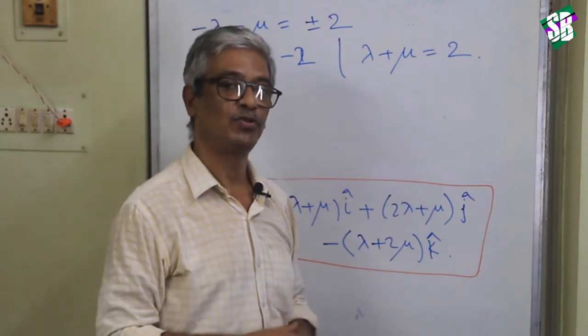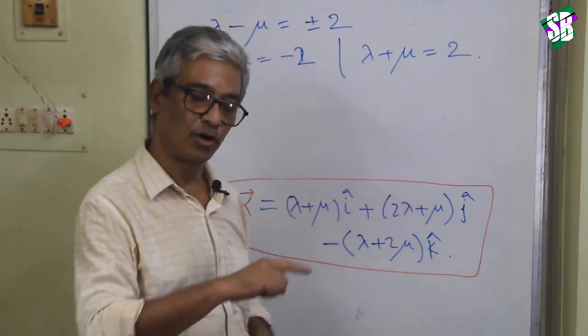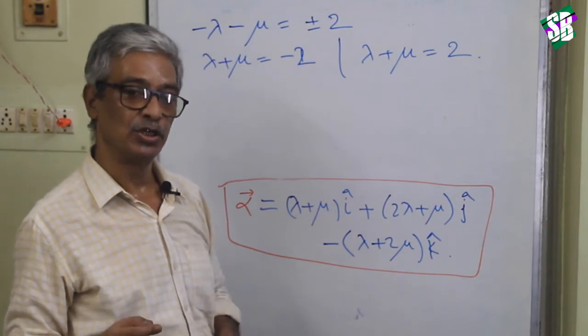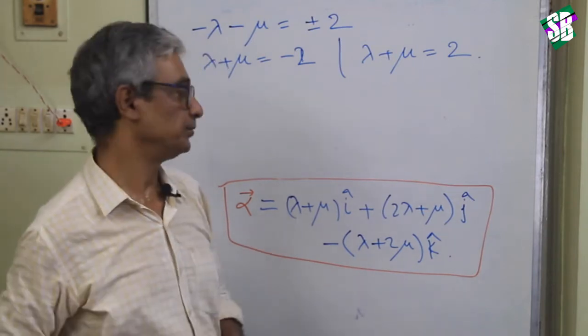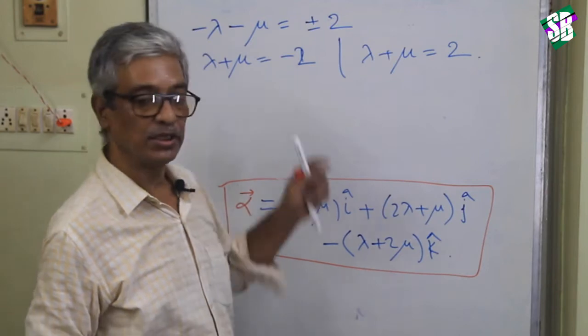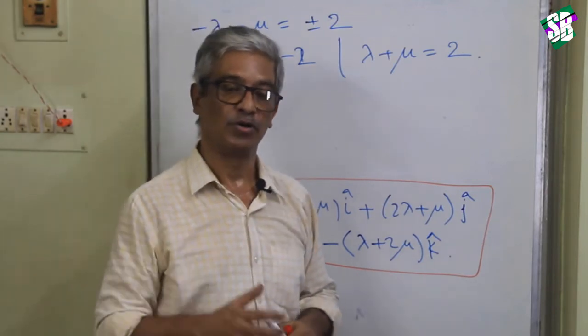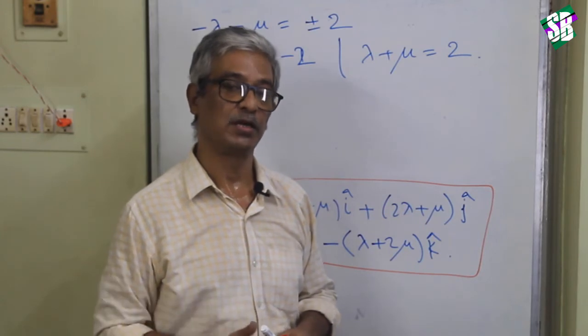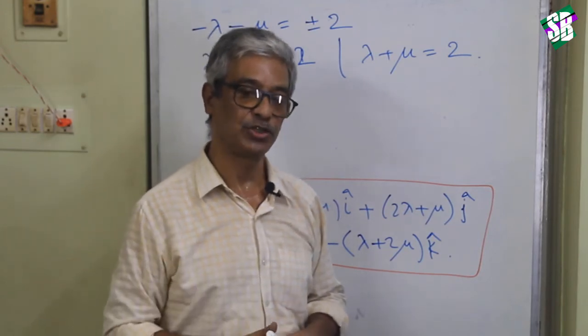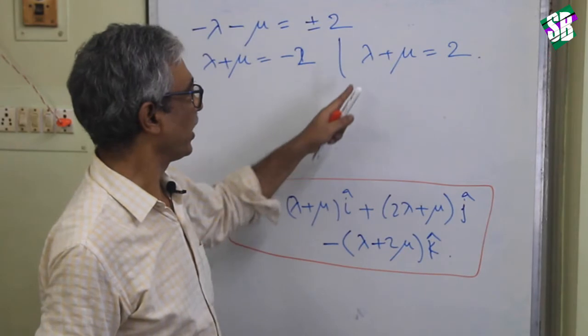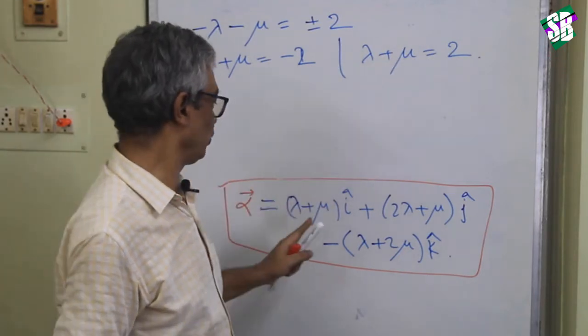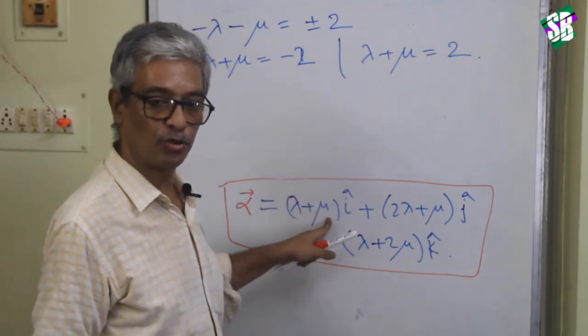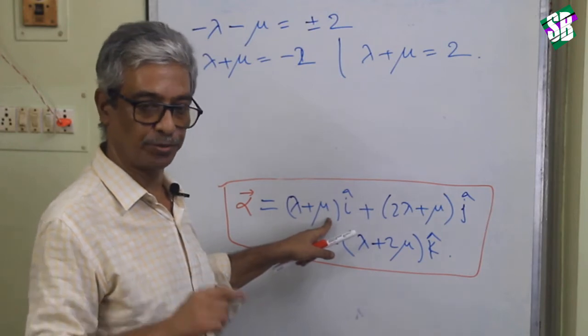But since you have to choose the answer from the 4 options, check that out. If you concentrate on the option where the coefficient of i cap is 2, then you can take lambda plus mu equal to 2. Now take the first option.